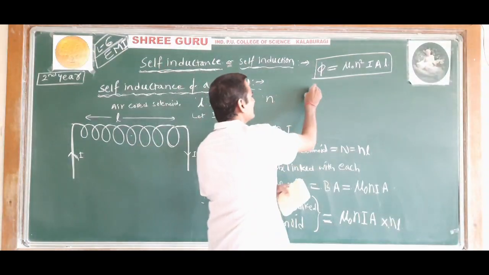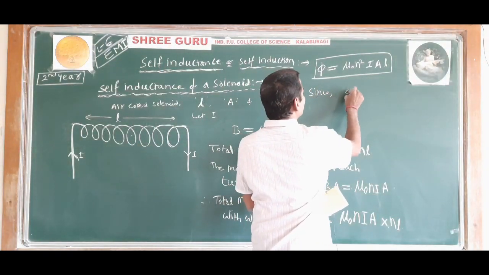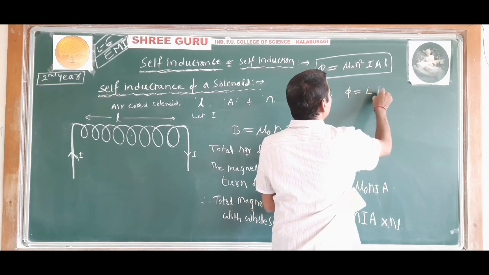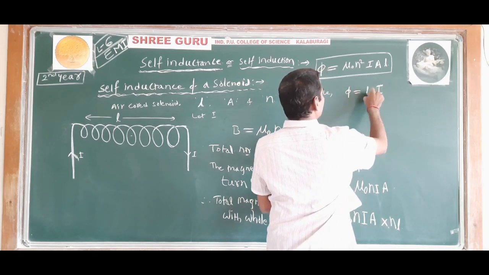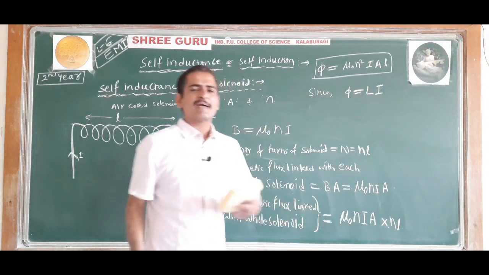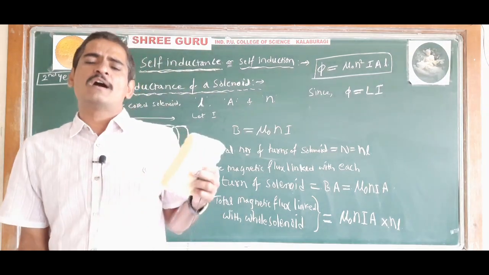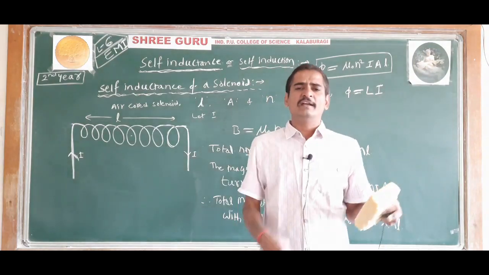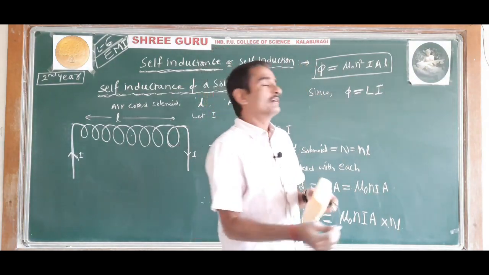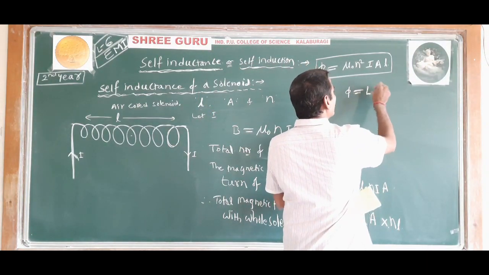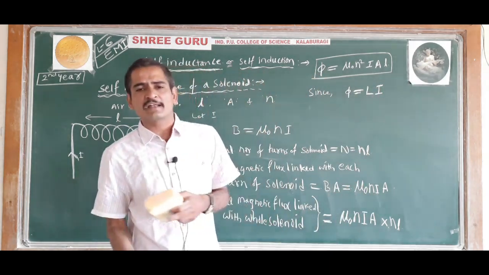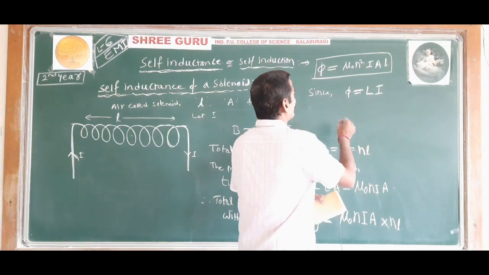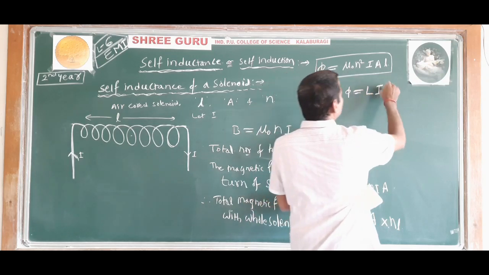Now the magnetic flux linked with the whole solenoid can also be written as phi is equal to L into I. That is, magnetic flux is directly proportional to the strength of current. The constant L is nothing but the self-inductance of the solenoid.